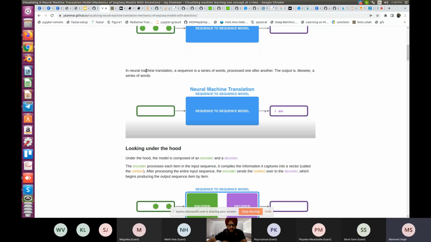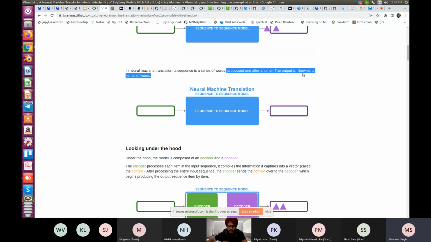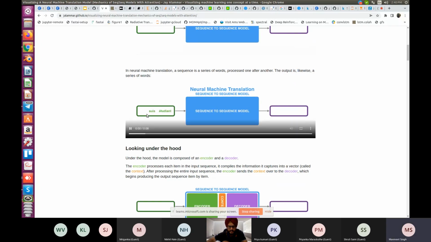In neural machine translation, a sequence is a series of words processed one after the other. So the output is likewise a series of words. So you can see that you are inputting French, and this neural machine translation model is outputting English.